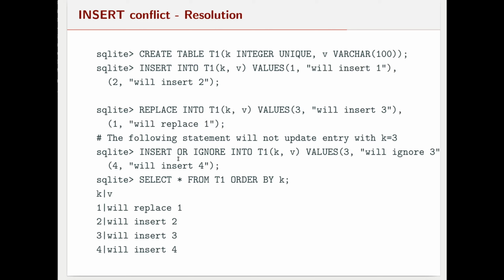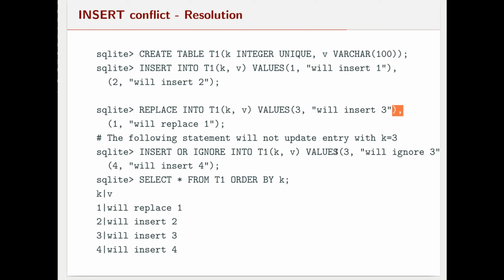Similarly, if we look at ignore as a strategy for conflict resolution, let's see what will happen here. Here we have two rows being inserted. The closing bracket here is hidden in the presentation, but I'm sure you can understand that it's going to be a closing bracket and then a comma.